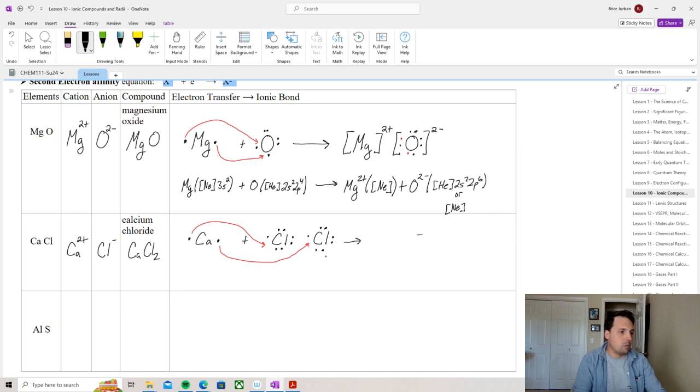Now, we can write this a couple different ways. I like to put calcium in the middle and then one chloride anion on either side of it. Oh, that's carbon. We need to add an L. There we go.